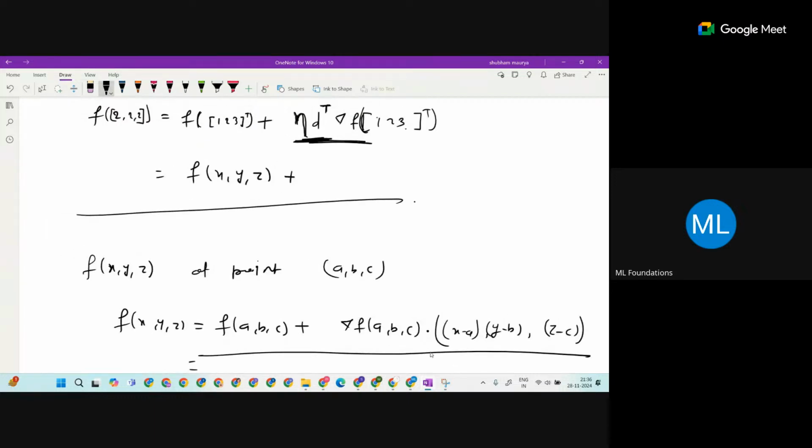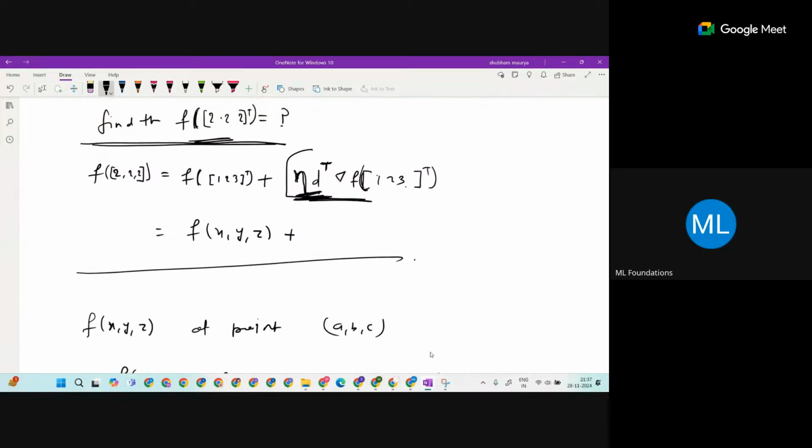So this is exactly the same. This dot product is nothing but the transpose of the increment. So this eta is mixed with the increment, that's why eta is a step. Here it is the first iteration and eta is not mentioned, so eta is 1.